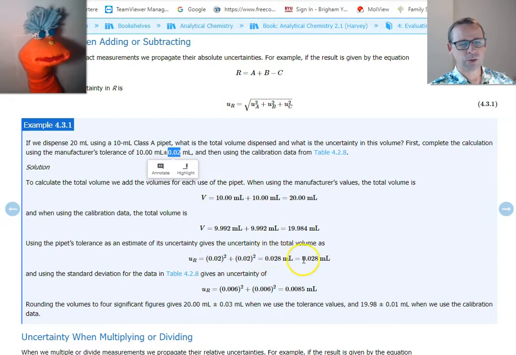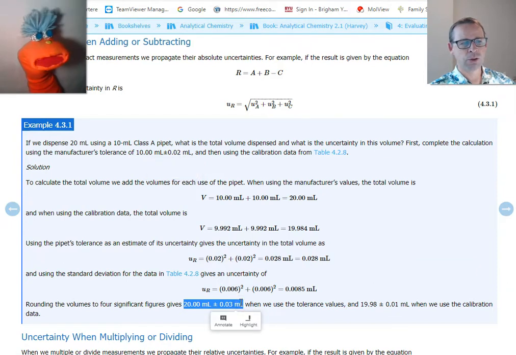And then your result would be this 0.028 milliliters as your uncertainty, all right? And you would report that 20 milliliters plus or minus 0.03 milliliters. You see how we got that?